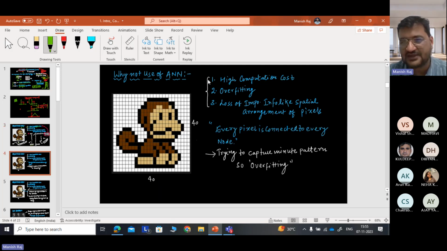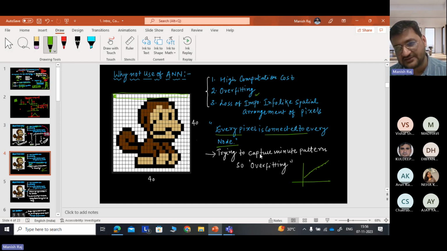The second thing I am saying is overfitting. Every pixel is connected to every node, because you are putting each pixel in as a node. So overfitting can come into the picture, because, as I taught you about overfitting, if you take everything in the picture at training time, then at testing time there will be overfitting.